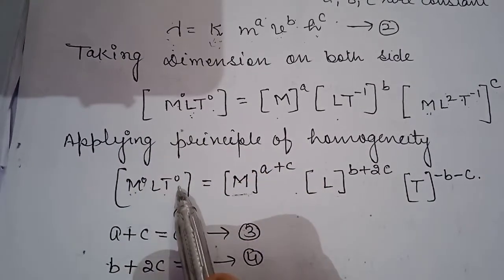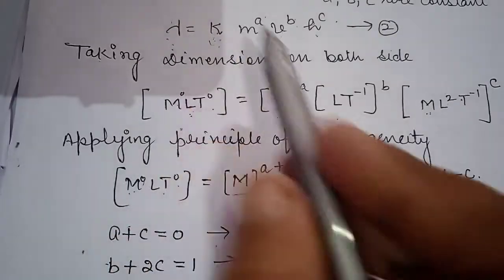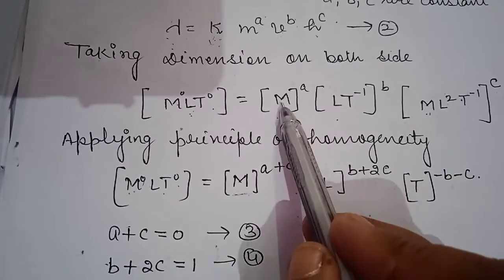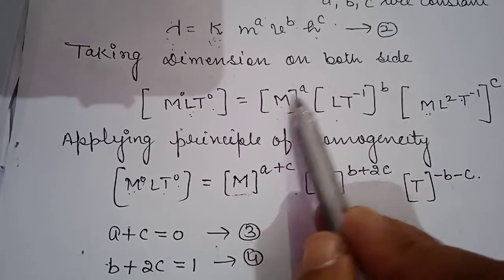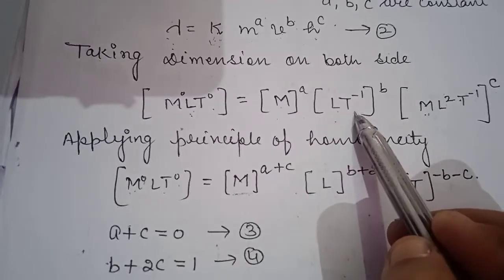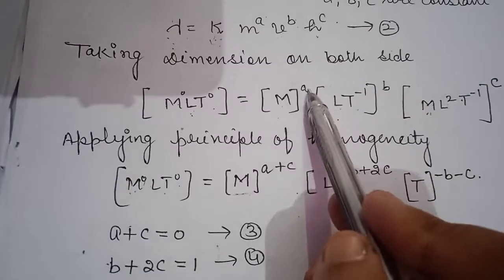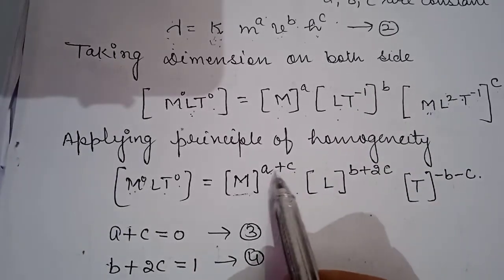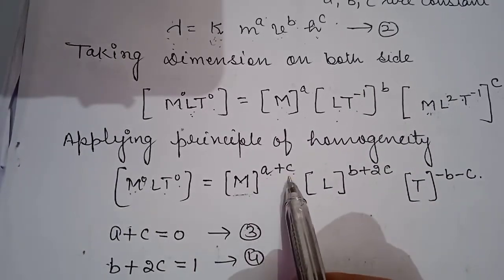M naught L T naught is the dimensions of length. The power of M is a in one quantity and c in another, so with the same base, the power is a plus c.